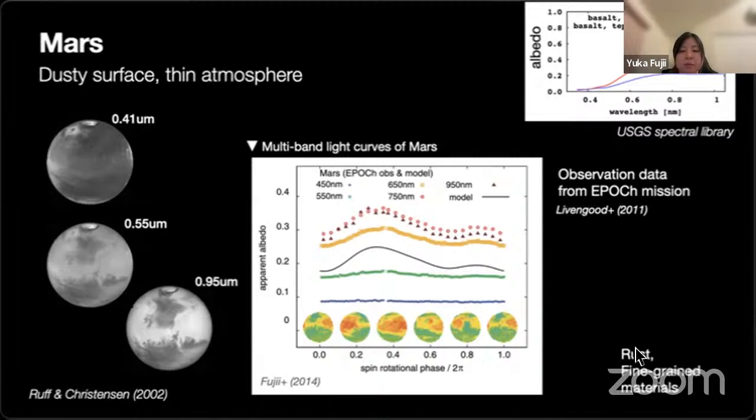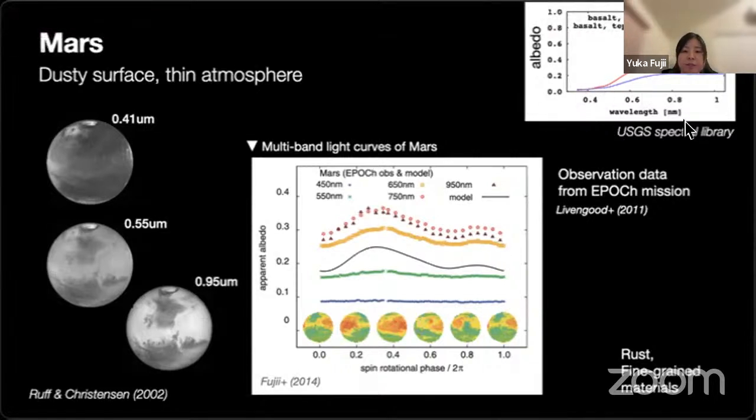But in fact, the color of Mars itself is also very interesting. As is well known, the red color of Mars is attributed to iron oxides or rust, and the bright regions are largely attributed to fine-grained materials, typically smaller than 10 micron, which are mostly created by wind through mechanical weathering.